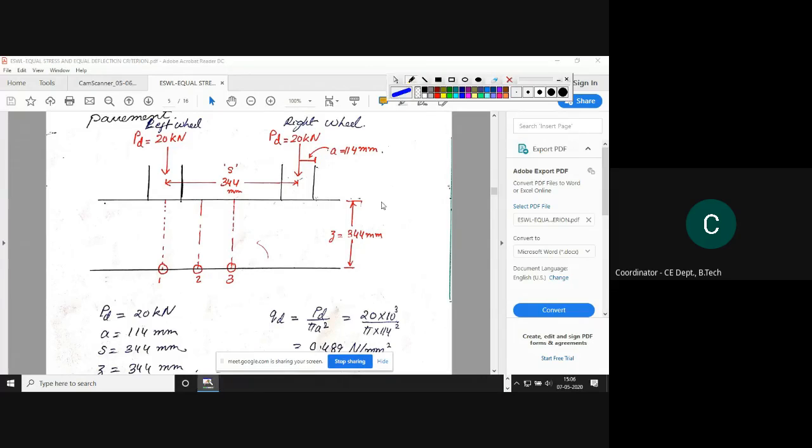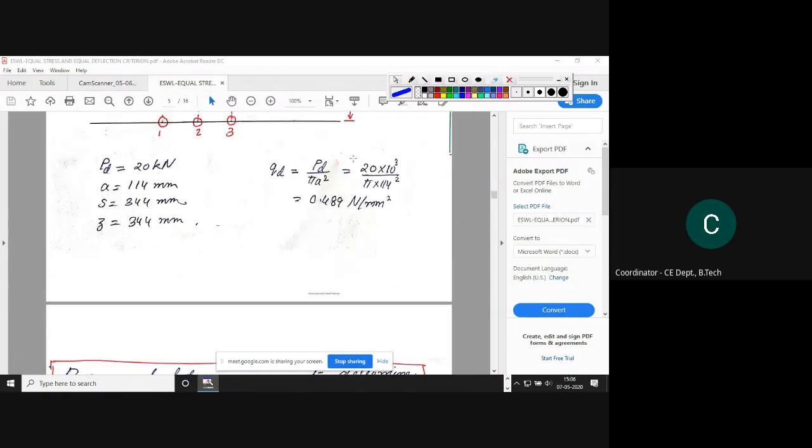As I said, Q is your load per unit area, that is P over pi a square. We know the P value, we know the A value, so we can find Q. If we put PD here, we will get QD. So using that equation, we have obtained QD also. These are the data we already know from our given problem.